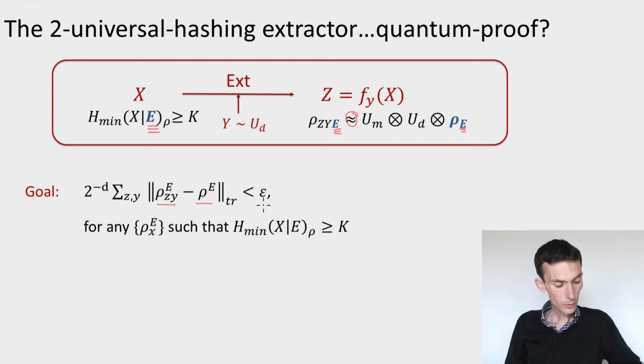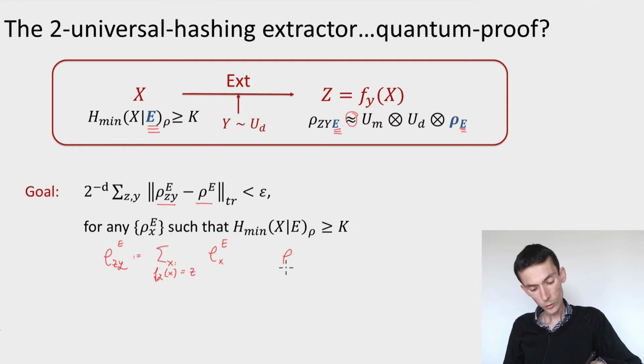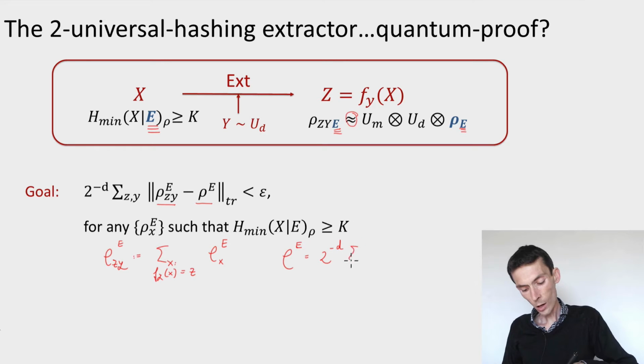What are these states? So I can define ρ_zy to be equal to the sum over all x that are mapped to z by the function fy of ρ_x^E. And the density ρ_E is simply going to be the average over the choice of a random seed y of ρ_zy.